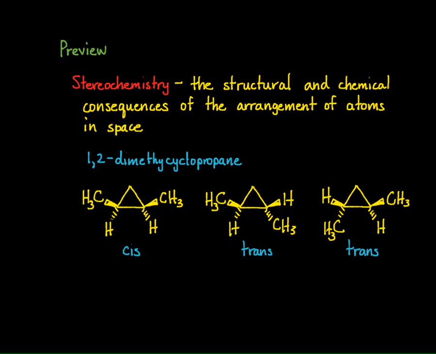I can't orient this in such a way that they are identical or superimposable on one another. So they are two different representations of trans 1,2-dimethylcyclopropane. So we have cis, and then we have two different representations of trans.